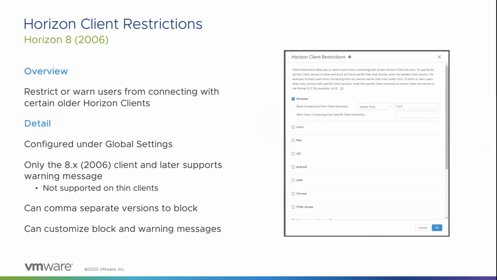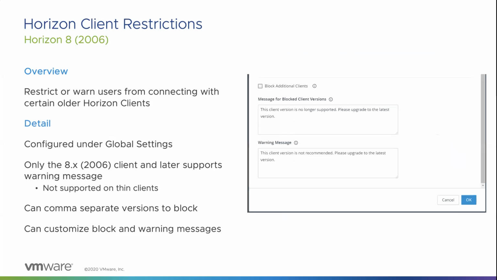This is a new feature as well. It's been improved, the feature to help you move over to newer clients. So what you can do is you can warn or you can block different client versions to encourage your users to make sure that they're running the latest versions.